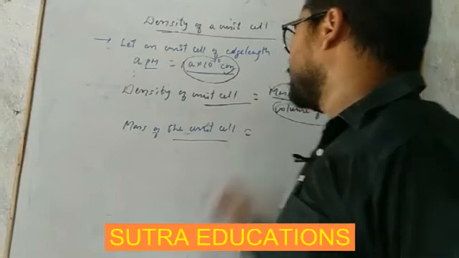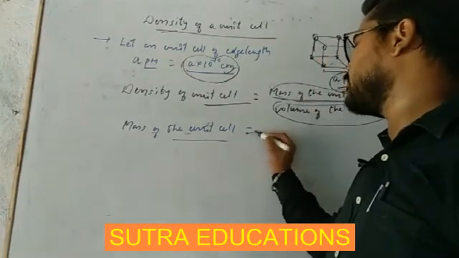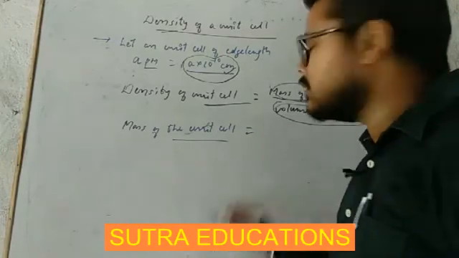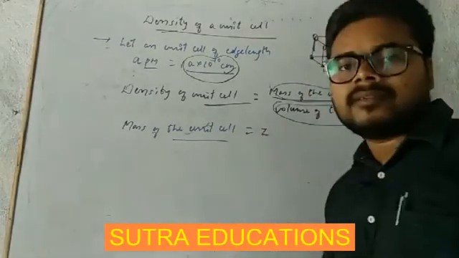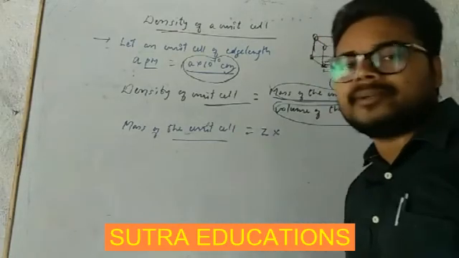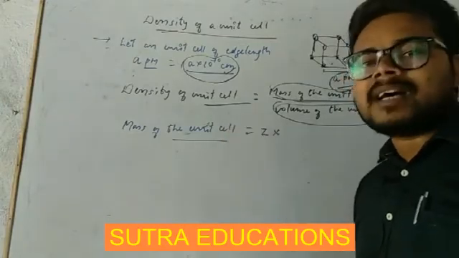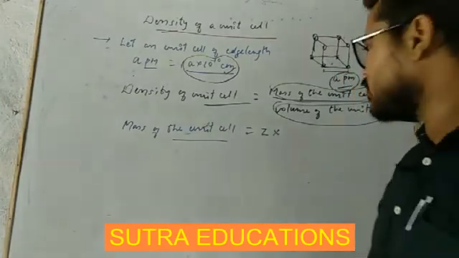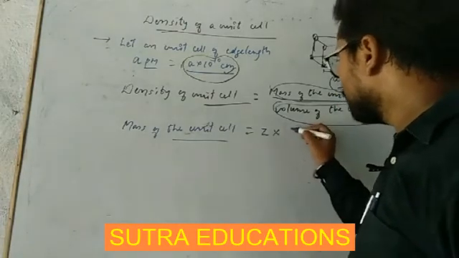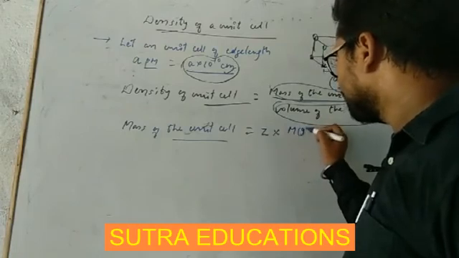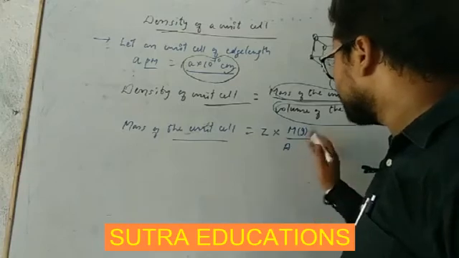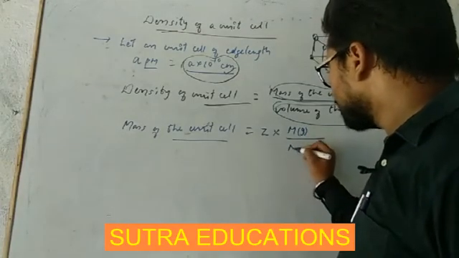So mass of unit cell will be equal to the mass of the atoms. Let there be Z atoms present, so you have to multiply by Z. So Z into, let the mass of the atom be m gram, upon Avogadro number, written here as n naught.